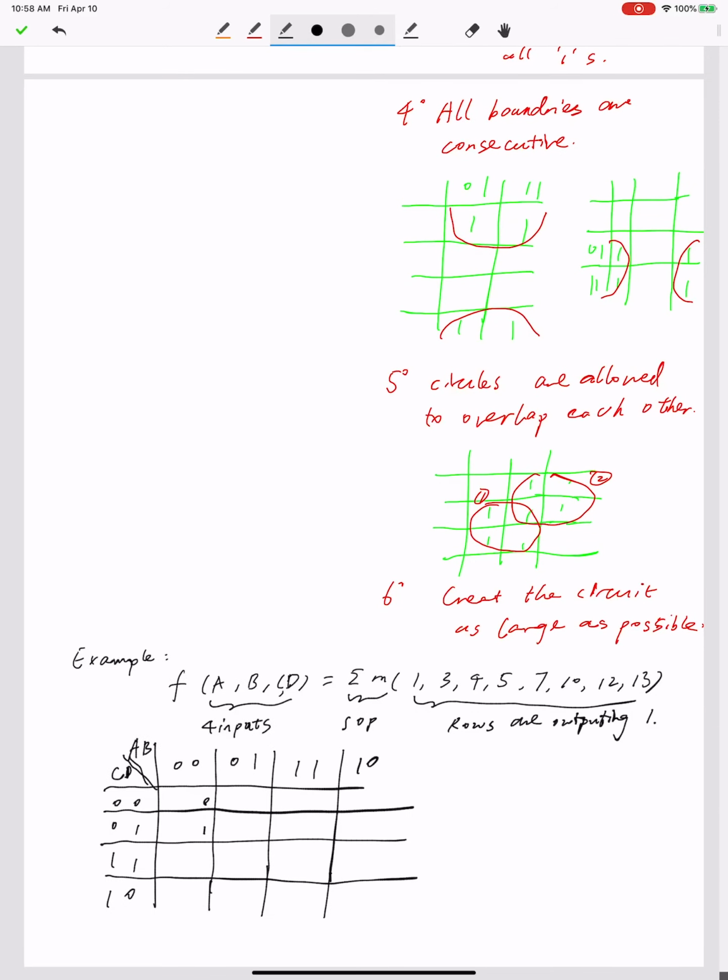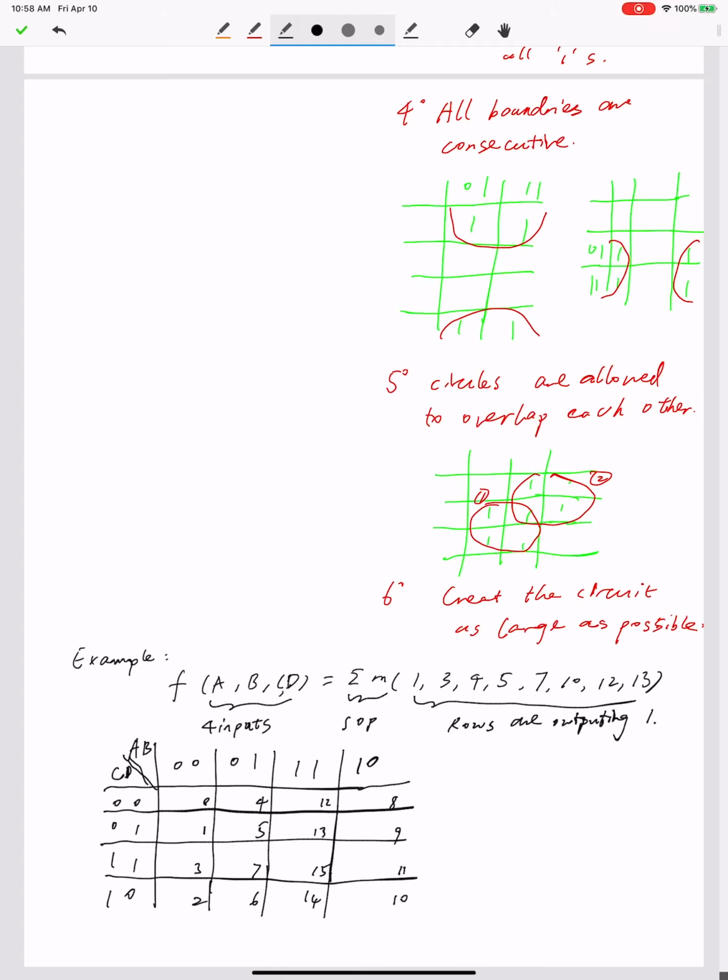In the order of ABCD, this cell is 0 0 1 1, the decimal number is 3, and this one is 2, then 4, 5, 6, 7, 8, 9, 10, 11, 12, 13, 14, and 15. Okay, so that's a blank kernel map for 4 inputs.